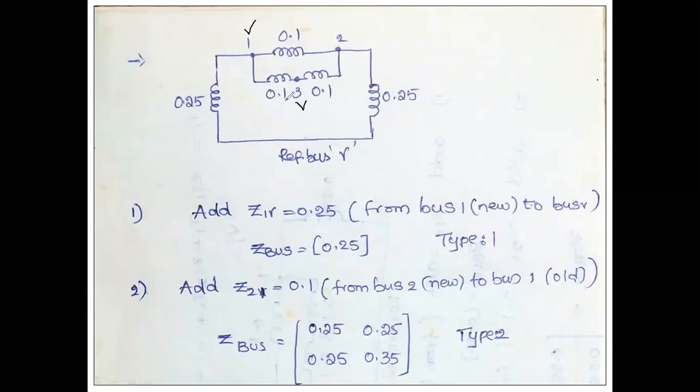So again 0.1 per unit value ZB is connected between 1 and 3. As far as the building algorithm is concerned, again you are going to have one more type 2 modification, because we are adding ZB between bus number 1 and bus number 3. Please do remember.